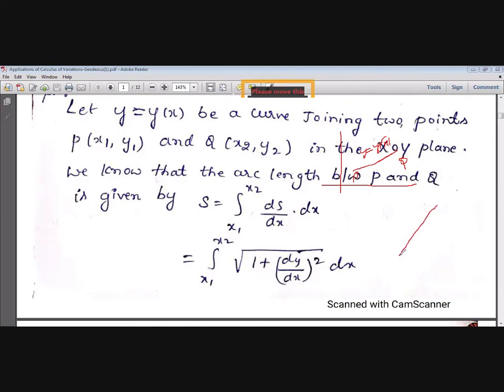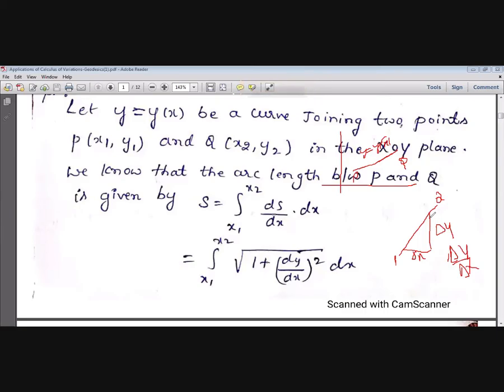If you take a line, let this be P, this be Q. I will rewrite that line here. I need this distance. How to find that? Take Pythagoras theorem. Let this be delta y. Let this be delta x. Then rise over run, that is the slope, dy by dx.